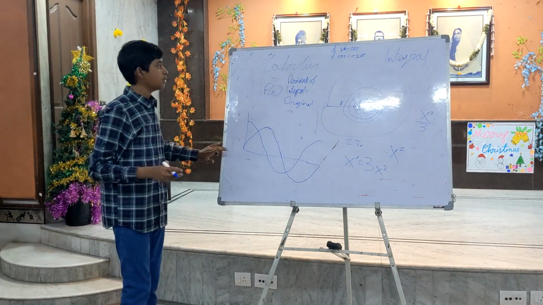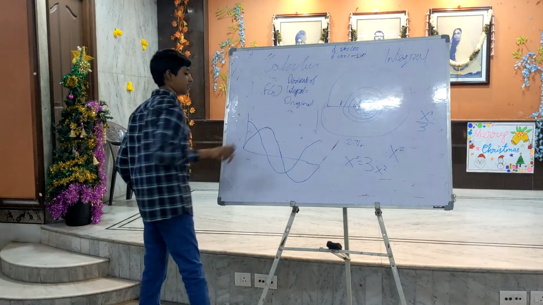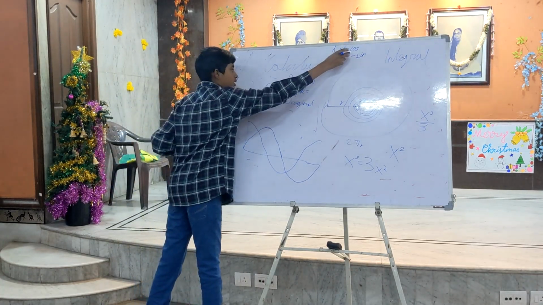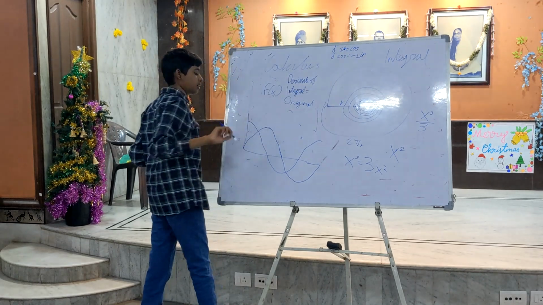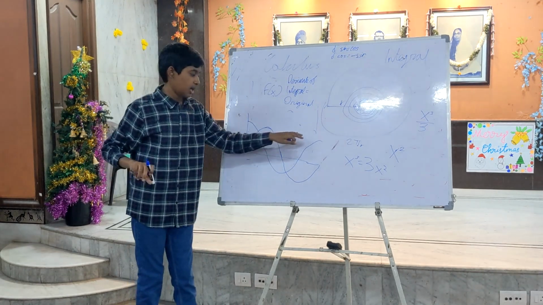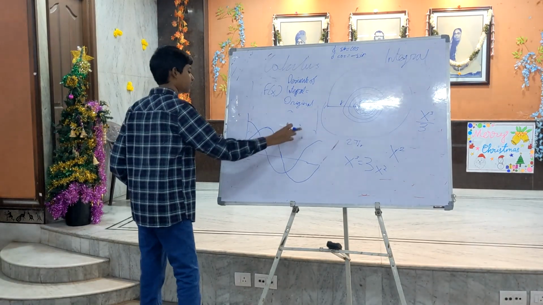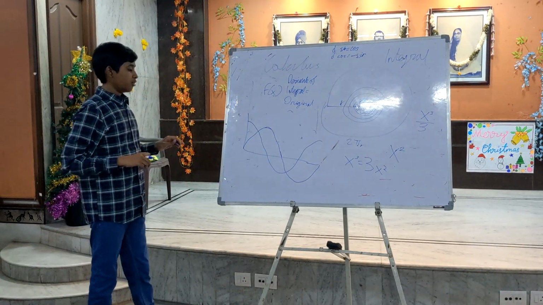So, therefore, since the integral is the opposite of the derivative, the integral of cosine is sine. So this function, the sine function, is a measure of the area under the cosine function.